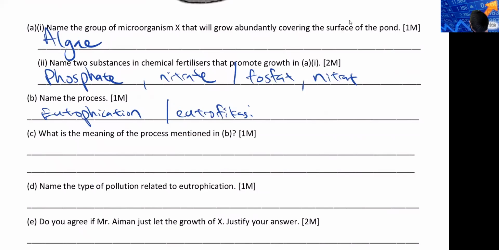Okay, so you can say, okay, let's just say leaching. Okay, what is leaching? Leaching means washing. Okay, washing your fertilizer to ponds and lakes. Okay, leaching of phosphate and nitrate, okay, to water bodies.